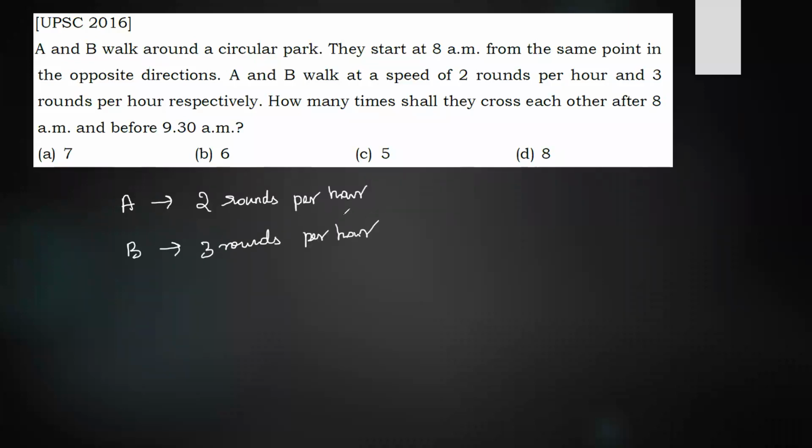So what is speed here? What is the relative speed? In opposite direction, right? So A is 2 rounds per hour, B is 3 rounds per hour.